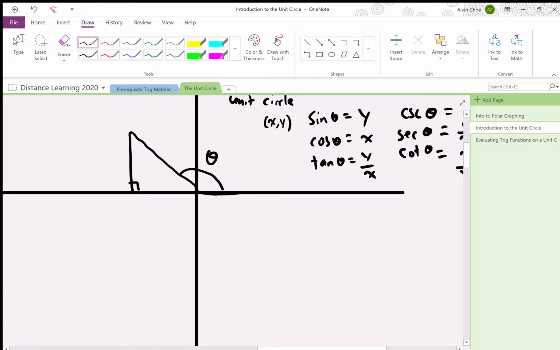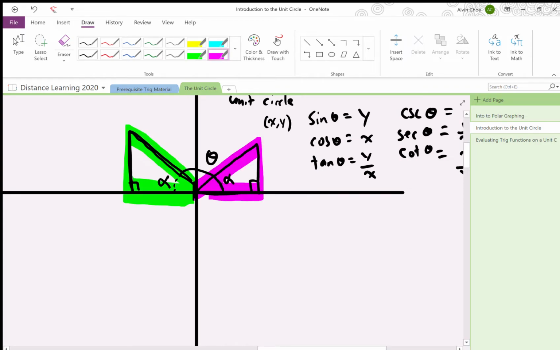So when you have quadrant 2 angles that are pretty much the same thing in terms of the triangle angle here as what you would have had over here, and we're going to just call this alpha to help make the differences distinct, then what's really going to be happening is this right triangle on the left should have the same values as the right triangle we had on the right.